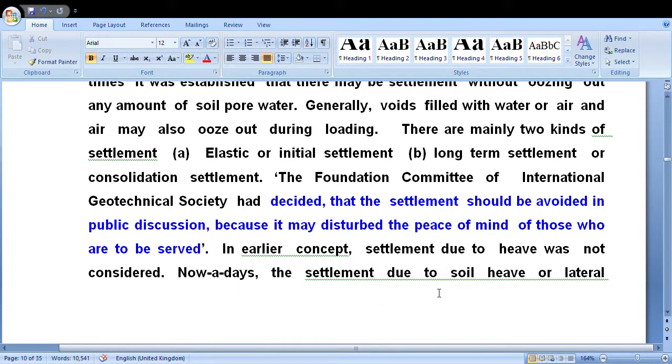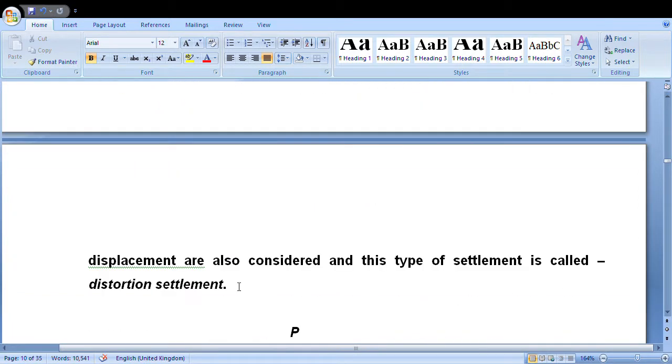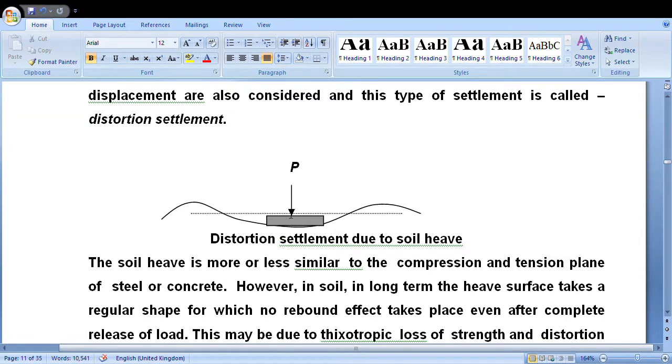nowadays settlement due to soil heap or lateral displacement is also considered, and this type of settlement is called distortion settlement. This is the soil heap.